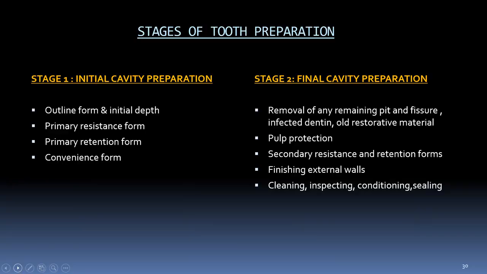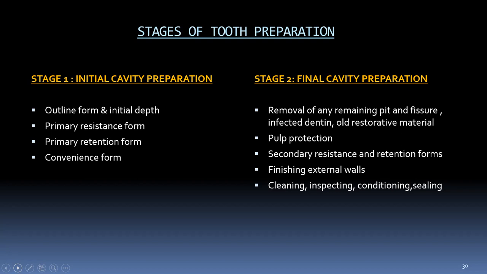And broadly, we can classify the stages of tooth preparation into 2. Stage 1, the initial cavity preparation, and stage 2, the final cavity preparation. In stage 1, we have 4 headings: the outline form and initial depth, primary resistance form, primary retention form, convenience form.